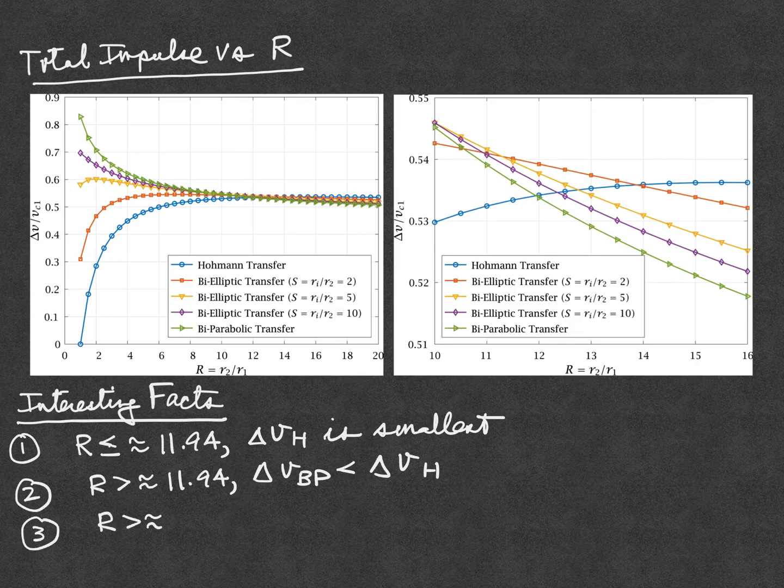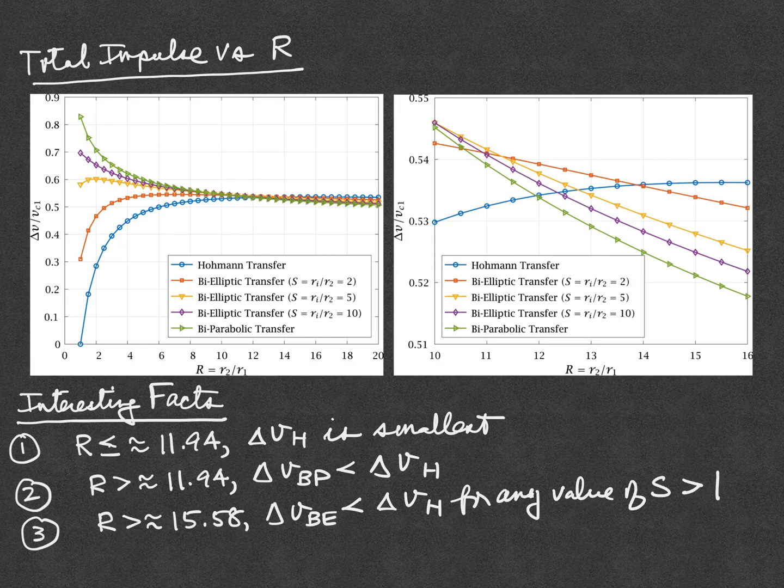And the third fact is that for R bigger than approximately 15.58, the bielliptic transfer has less delta V than the Hohmann transfer for any value of S greater than 1.